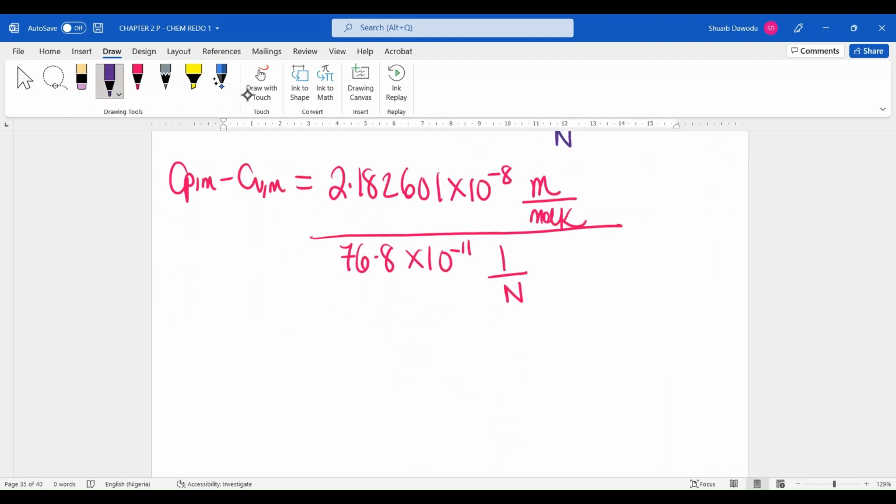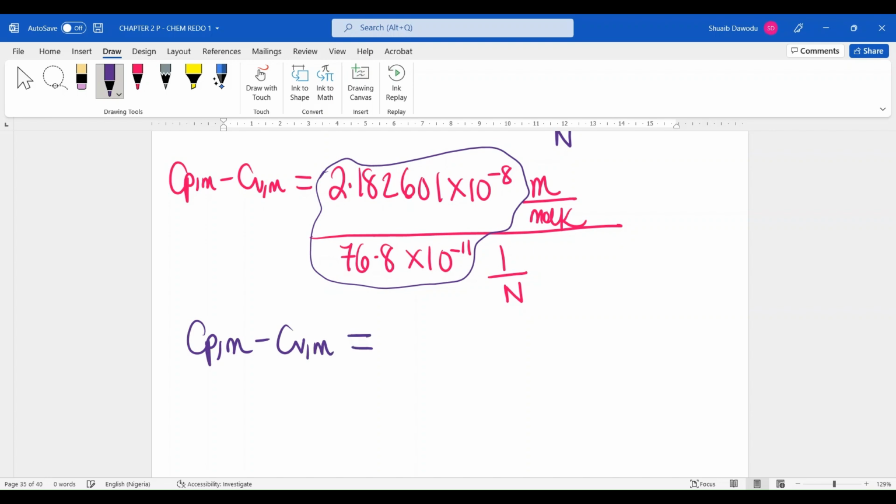So next, we input the information in the calculator, just the numerical values. We put all of this information, focusing on numerical values first. And when we do the division, we end up getting 28.4193. And then now we focus on the units.